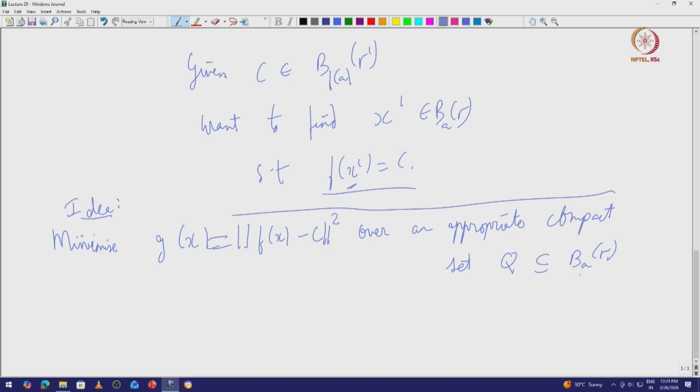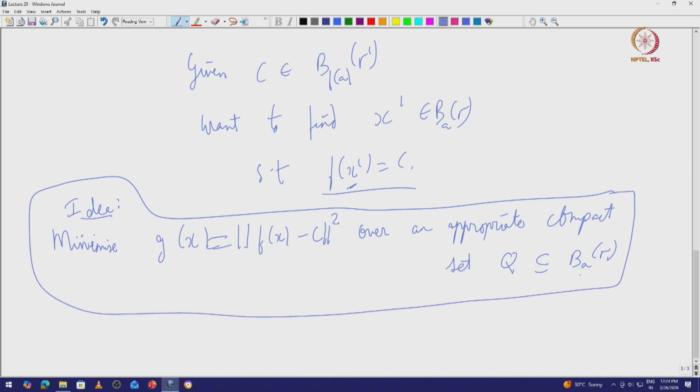Okay, this is the crucial idea, right? So what appropriate compact set must we choose? That will also dictate how large r dash ought to be. Right, so how does one do this?